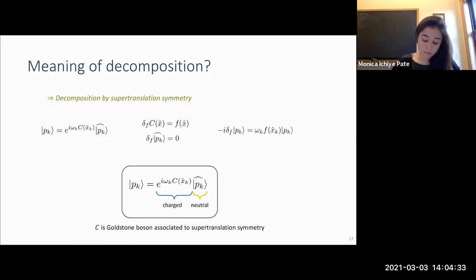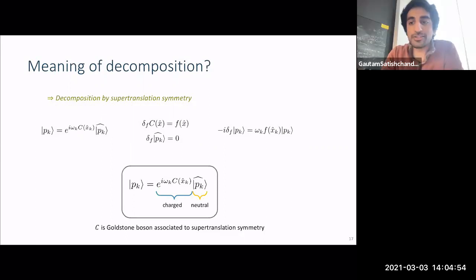And moreover, we saw that the soft part of the S matrix could be calculated as a correlation function of this field C, and now we see that C can be interpreted as the Goldstone boson associated to supertranslation symmetry.